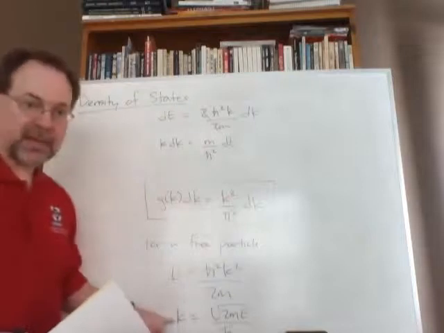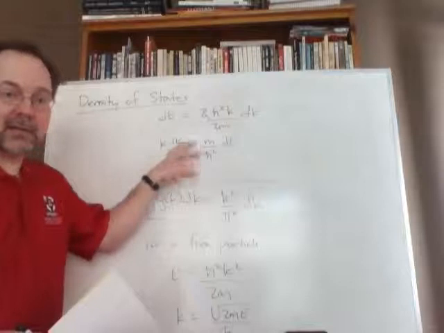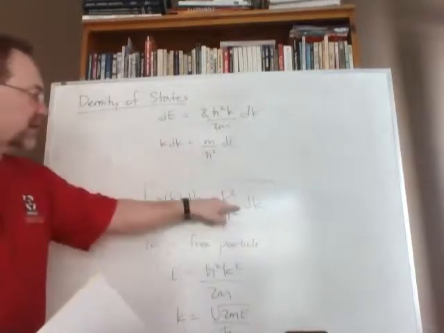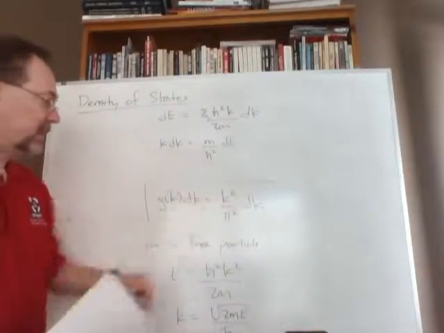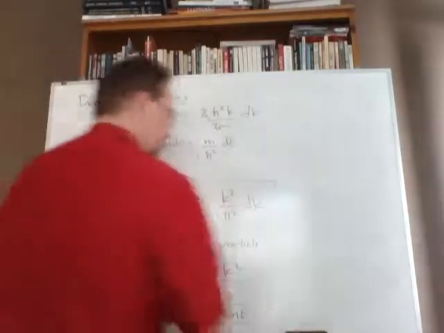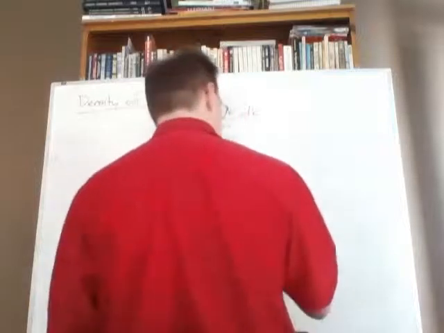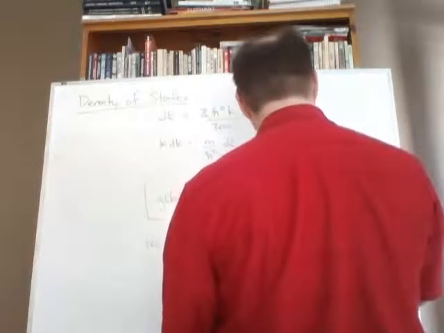I've got an expression for k in terms of E. Now I've got an expression for k dk in terms of E, and dE. So I can substitute in here for k dk and here for k, and I find that pi squared, one of these k's is my square root of 2mE over h bar.